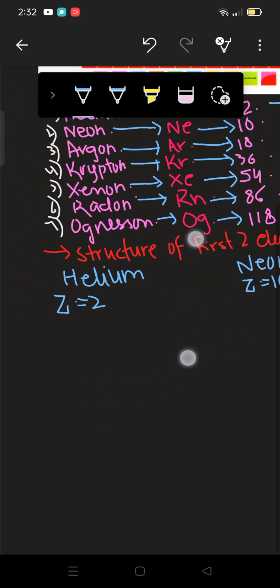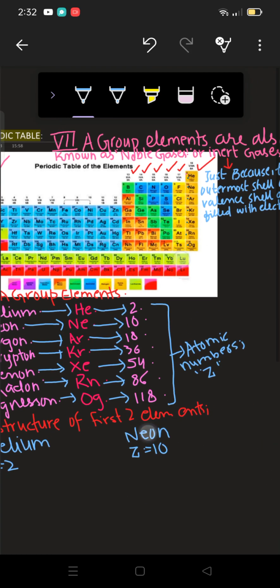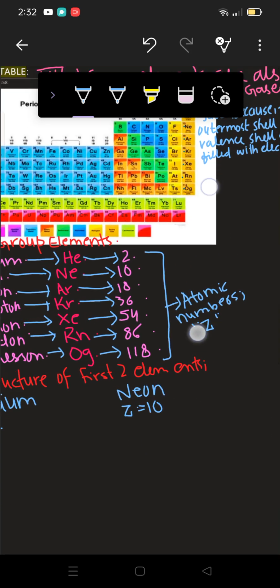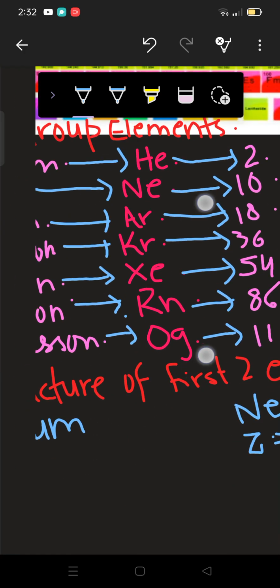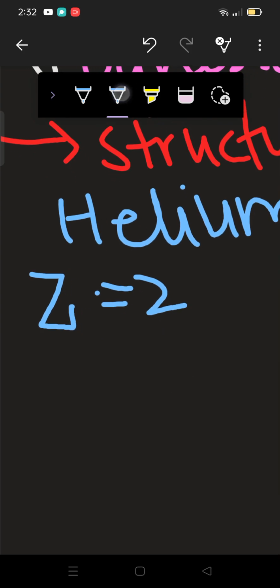Alright, so as I told you, periods represent the shells. So since helium is in the first period, it will have only one shell, and neon is in the second period, so it will have two shells. Alright, so I should write this as well.